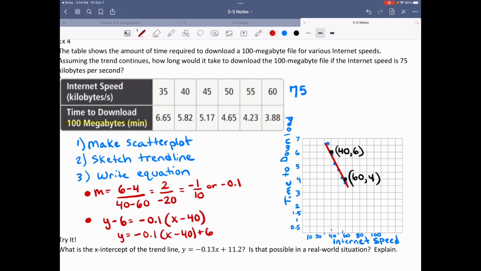And if I distributed and all of that, it would end up being y equals -0.1x, and a tenth of 40. So a negative times a negative, that's going to be a positive. It's going to be +4, and 4 plus 6 is 10. So plus 10, which means that would be our y-intercept. If my graph was a little bit bigger, you could see that it would eventually have a y-intercept of +10.